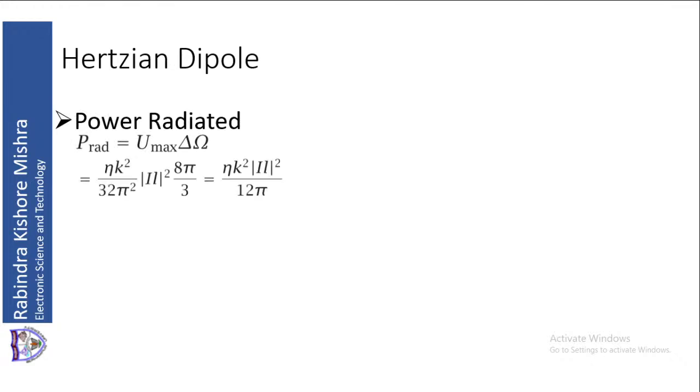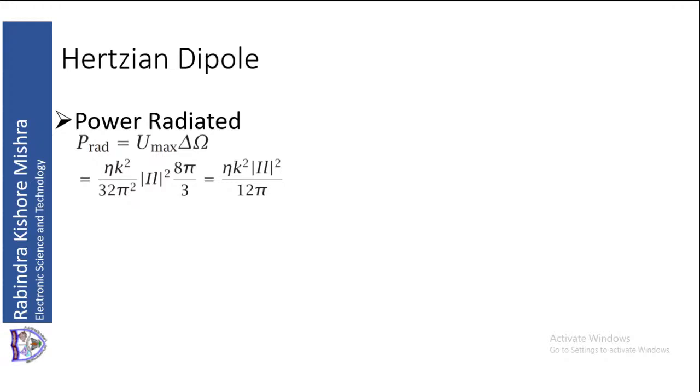Now let us come to the radiated power of the Hertzian dipole. The power radiated P rad is equal to Umax into delta omega. As you know, Umax is given as P rad by delta omega, so the radiated power is Umax into delta omega.